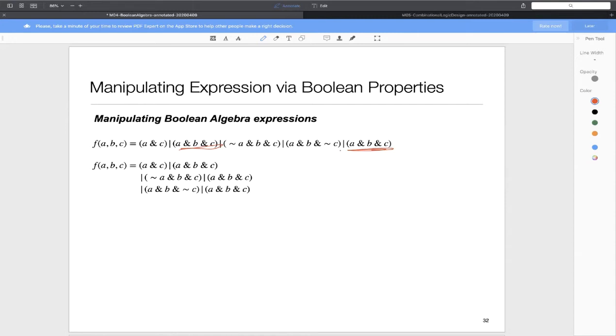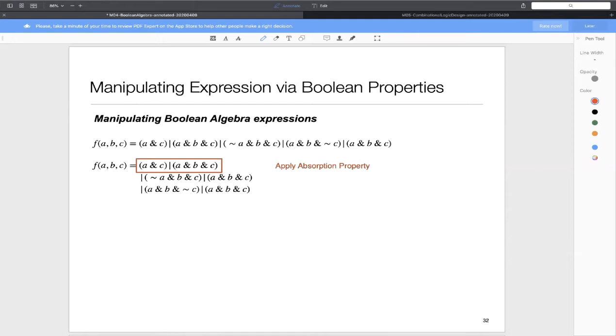So the first thing we can do is, I've rewritten that expression in a multi-line format. I can apply the absorption property. So I can take A and C and A and B and C. And remember, the absorption property basically says that this thing will reduce to, anyone remembers?